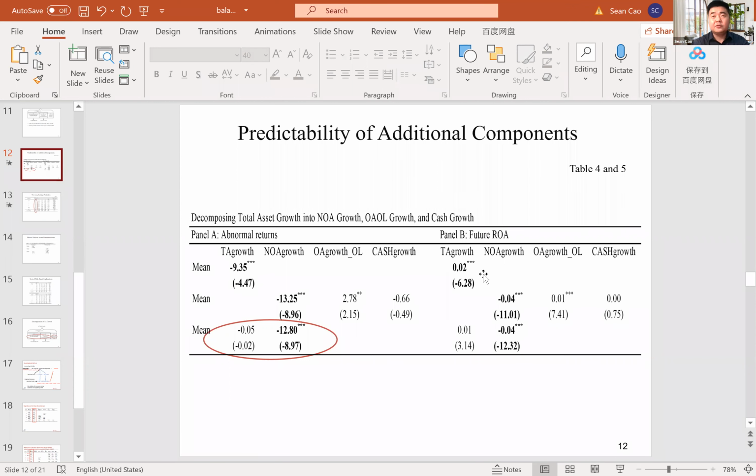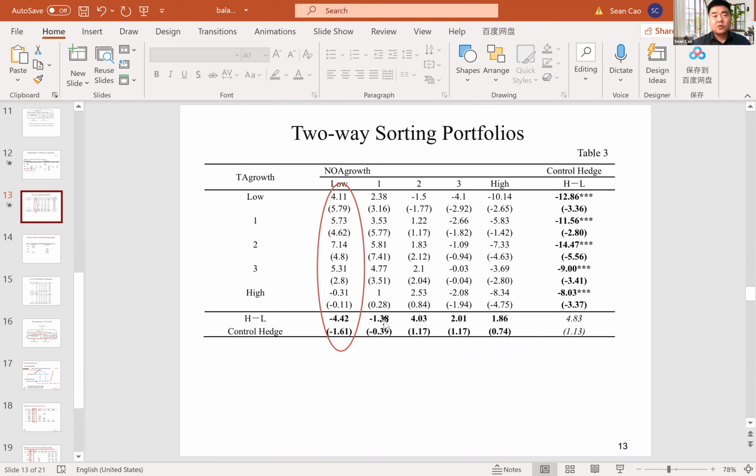I have done that for you. So you have all the variables ready, total asset growth and so on, in the data set I give to you. All you need to do is use the variables to run the regressions and do the sortings, to understand the double sorting and stuff.